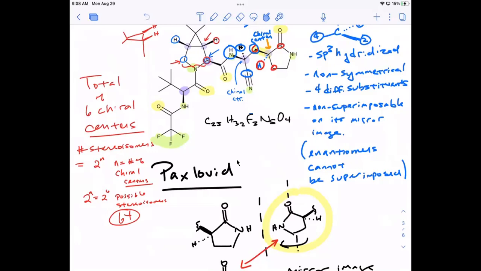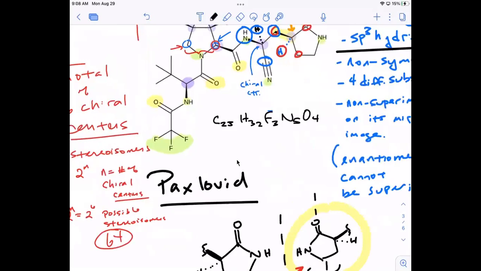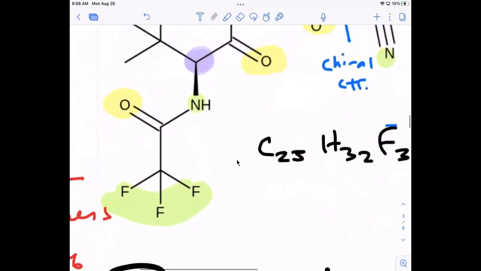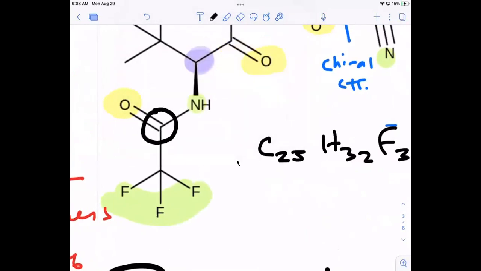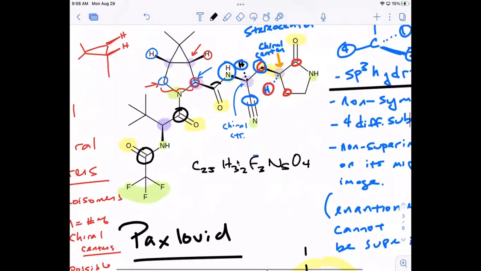One of the things I didn't really stress is that when we talk about something being sp3 hybridized, any center, be it carbon or some other atom, that's not sp3 hybridized cannot be a chiral center. That's why when we were going through this molecule, we didn't look at the carbonyls to determine whether or not they were chiral, because those are all sp2.